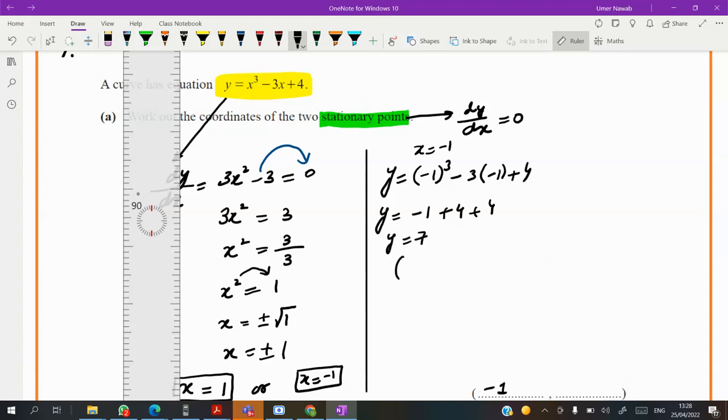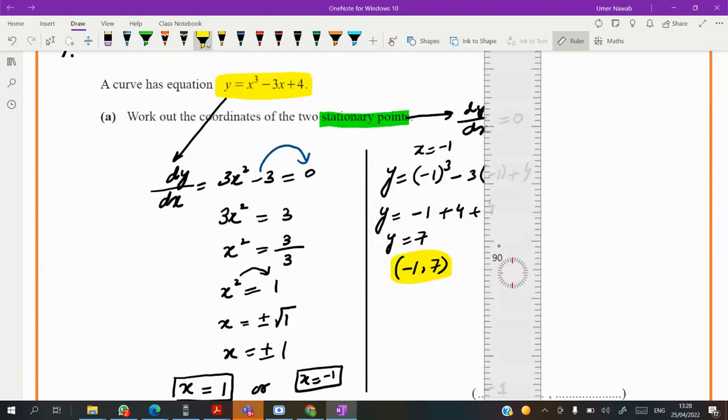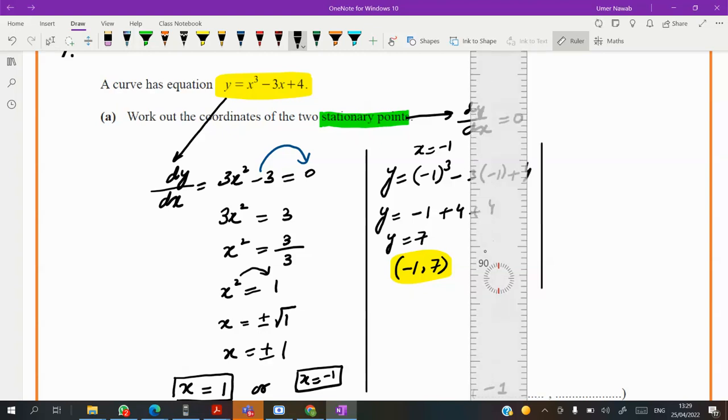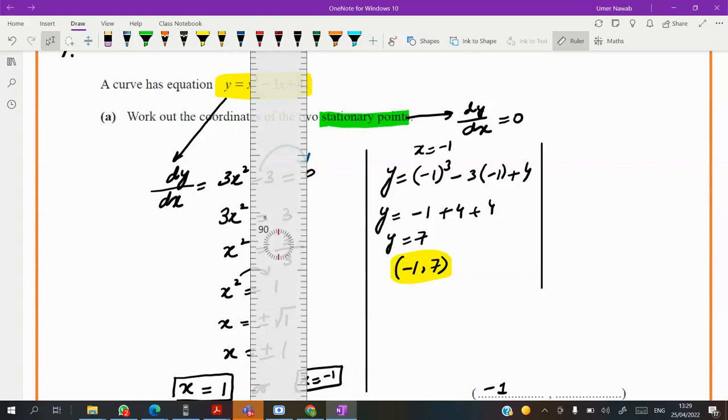So it gives us minus 1 and 7. This is the first point where we want to draw to get the stationary points.